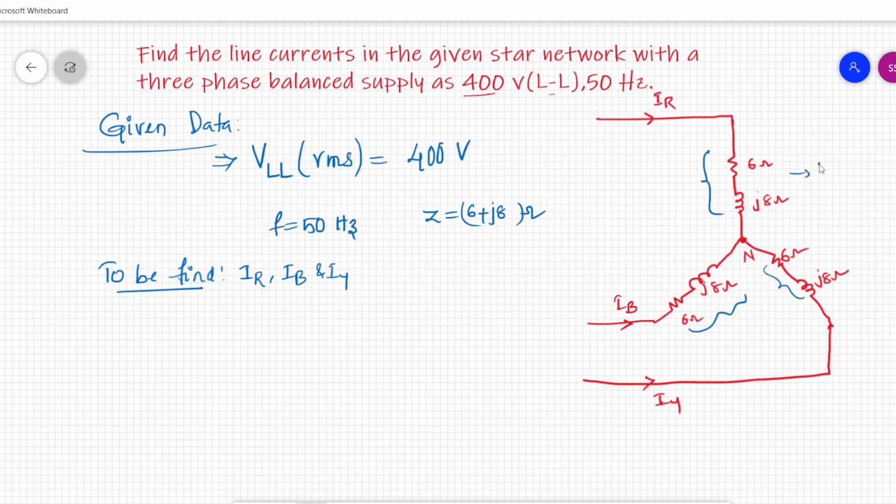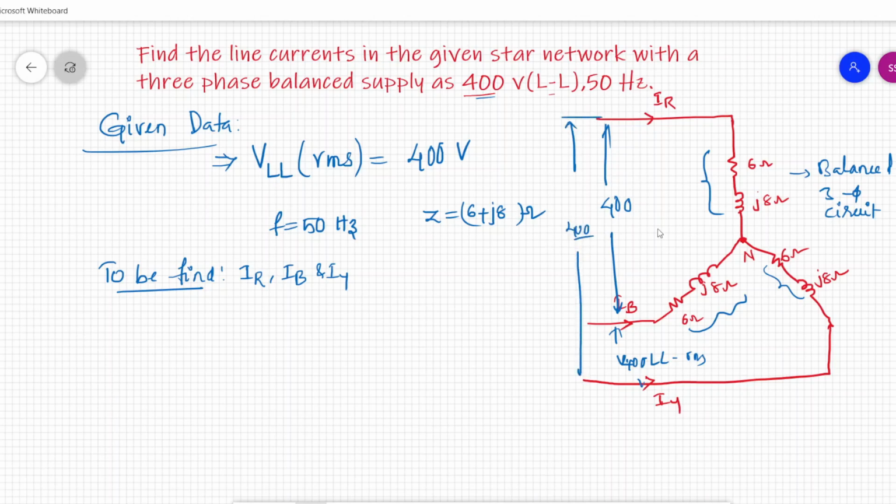This is what a balanced three-phase circuit means: the impedance across each phase will be the same, and the voltage applicable to each phase will also be the same. That is, 400 volts line to line RMS will be available between each pair of lines, including between R and Y. So this is what a balanced supply is.